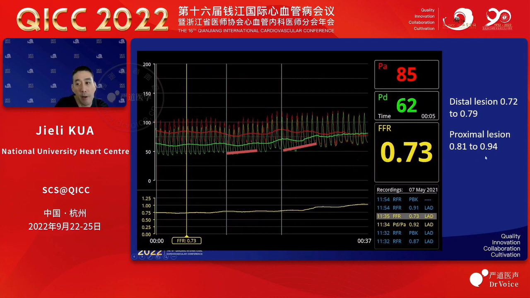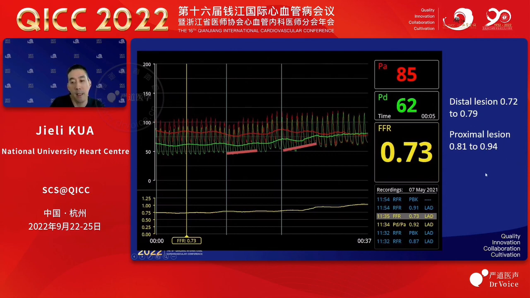When I did the FFR, the distal lesion contributed a gradient of 0.72 to 0.79, a difference of 0.07. And the proximal lesion concurred with what we found on the RFR, in that it was a bigger gradient. The proximal lesion contributed a gradient drop of 0.13, so 0.81 to 0.94.